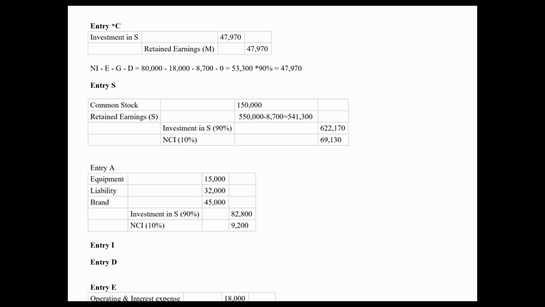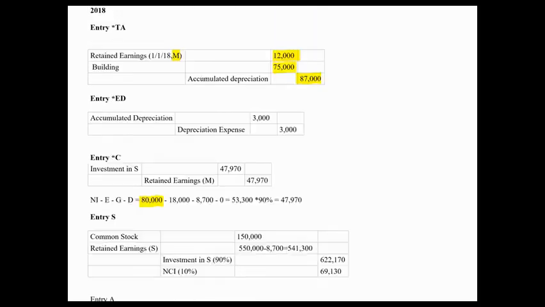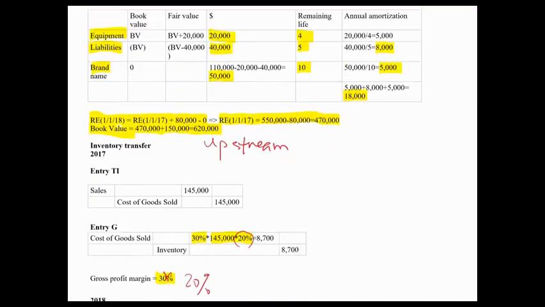That amount is actually because it tells the difference in the investment income. If the parent is using the equity method, then the investment income would equal the net income of the subsidiary company minus the excess annual amortization. Let's check the numbers over here.